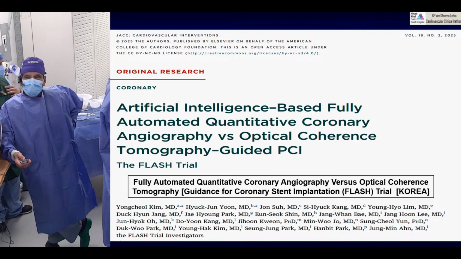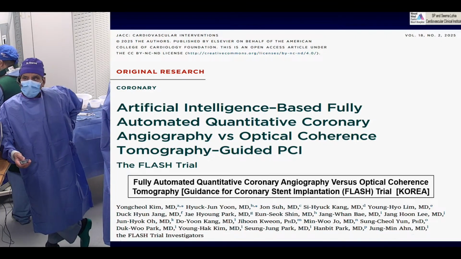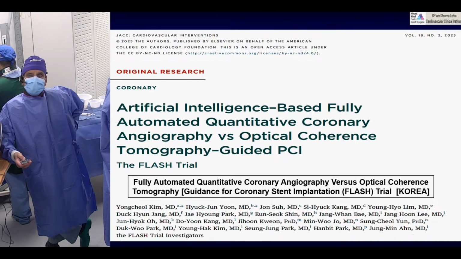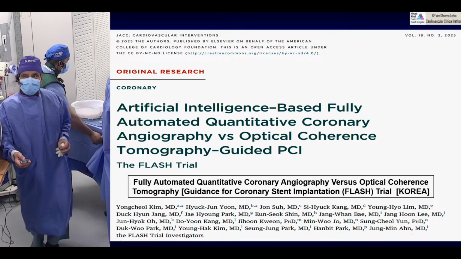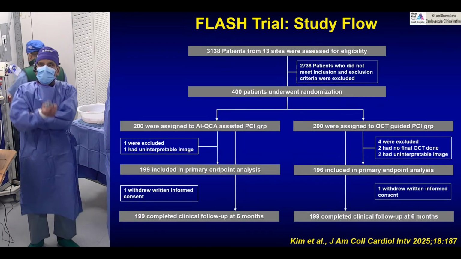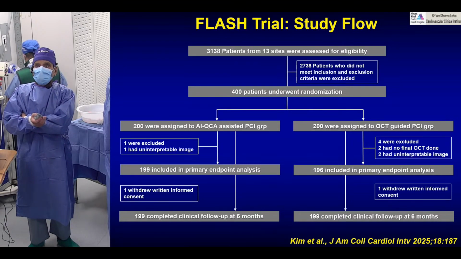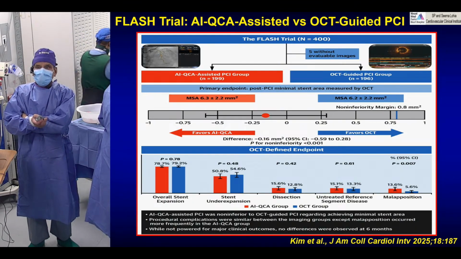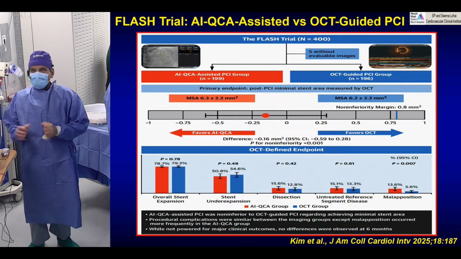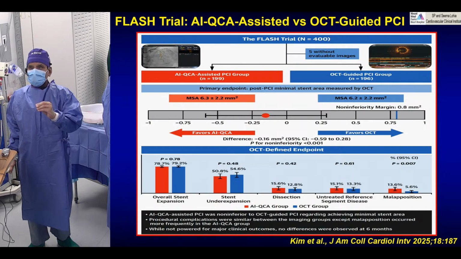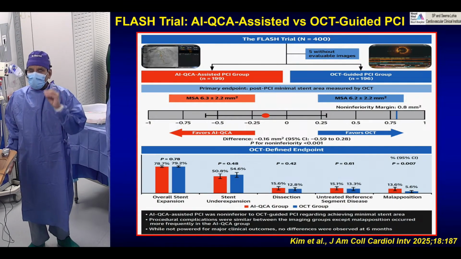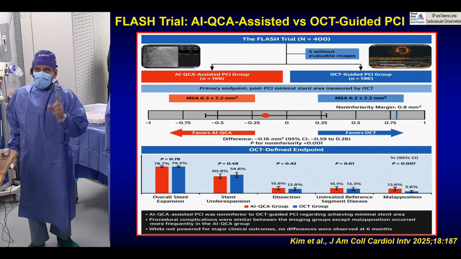Flash trial was the fully automated QCA versus OCT guided PCI done in Korea. Very important, knowing that artificial intelligence is coming quite a bit on the angiogram. This was about 400 patients. The primary endpoint was minimum stent area and non-inferiority, and it was identical in the OCT guided versus AI QCA guided.